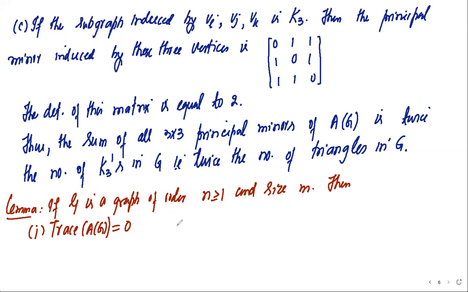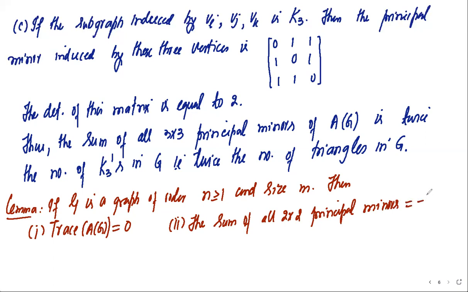The second observation is the sum of all 2 cross 2 principal minors is equal to minus the cardinality of the edge set of G, which is equal to minus m.